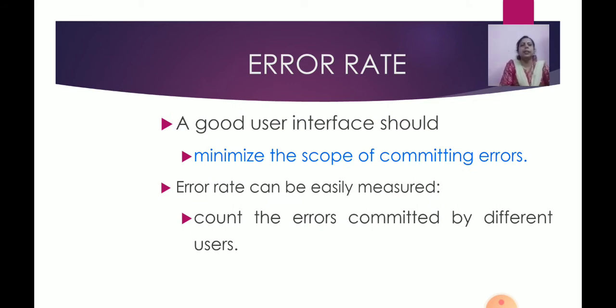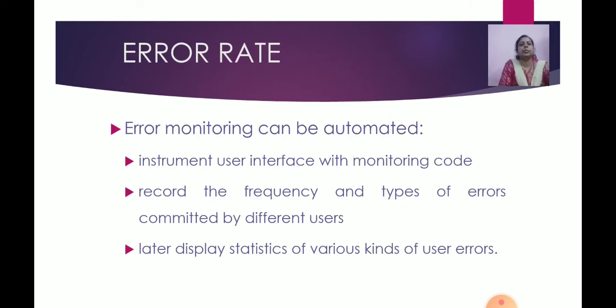Then next is error rate. A good user interface should minimize the scope of committing errors. Means a good interface minimizes the errors committed by the user. Error rate can be easily measured by counting the errors committed by different users. Error monitoring can be automated.